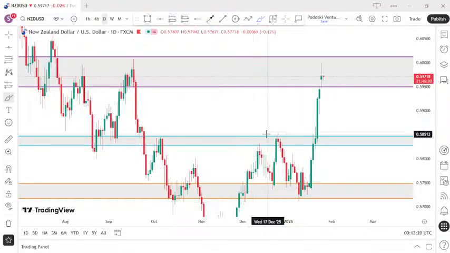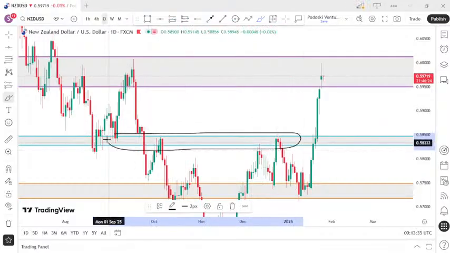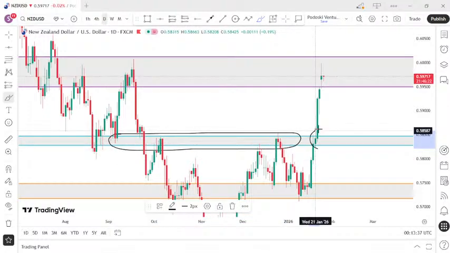So on the daily time frame, we see the same thing we saw on GBP USD. The exact same pattern is what we are seeing on NZD right here. Here was previously a supply, but when the market got here for the third time, it broke it to the upside.